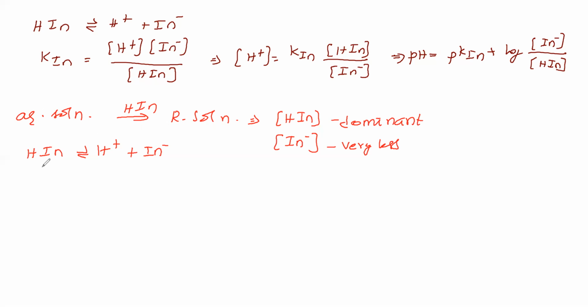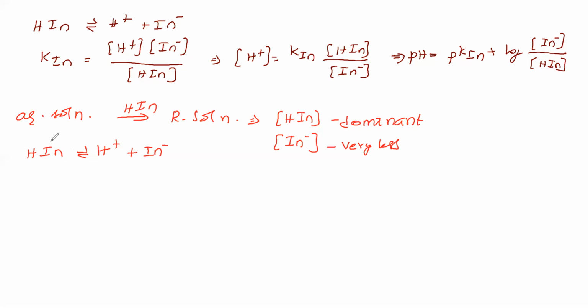Now this HIn has a color, and this In⁻ has a color. But you can say that phenolphthalein's unionized form is colorless, no? Yes, of course that is correct. Many acid base indicators are there.